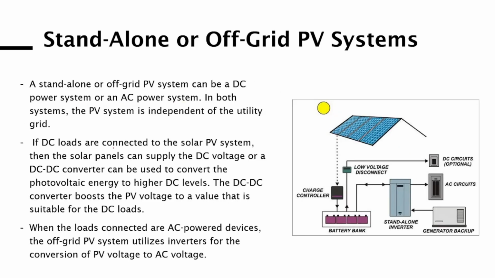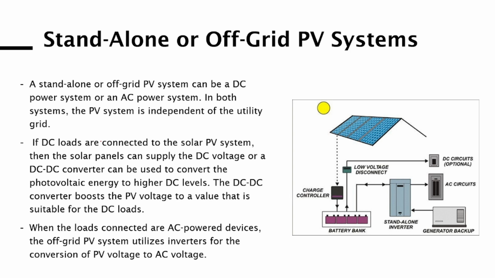The next one is standalone or off-grid PV systems. A standalone or off-grid PV system can be a DC power system or an AC power system. In both systems, the PV system is independent of the utility grid. So you can see there is no utility grid here. It is given directly to the load. If a DC load is connected to the PV system, then the solar panel can supply DC voltage, or a DC to DC converter can be used to convert the photovoltaic energy to a higher DC level.